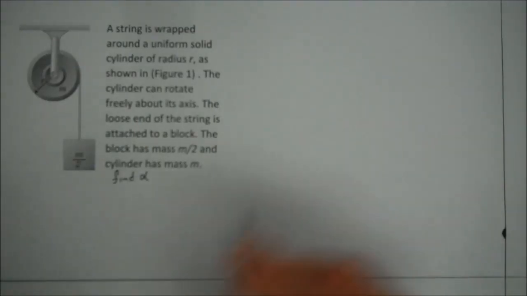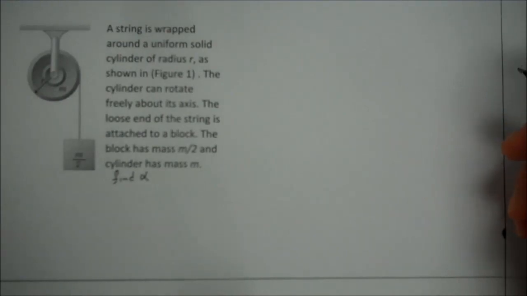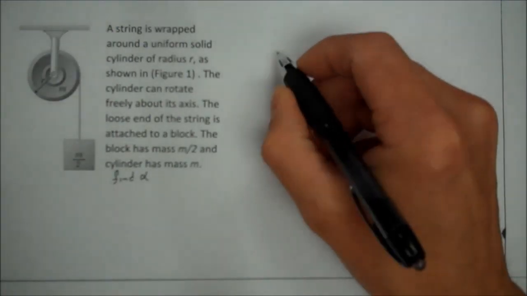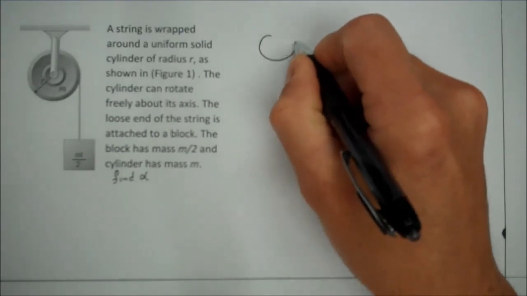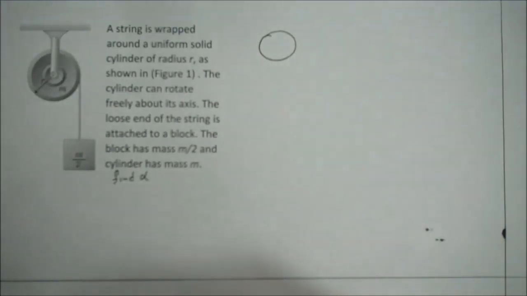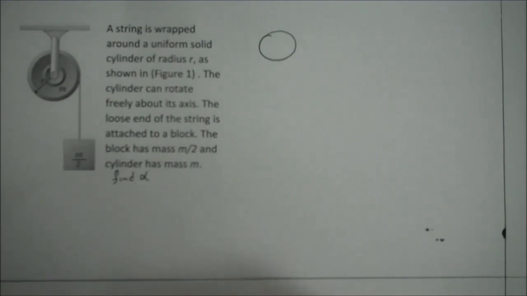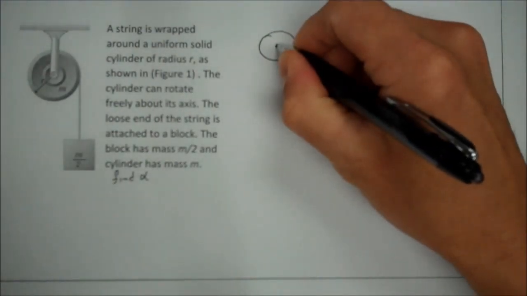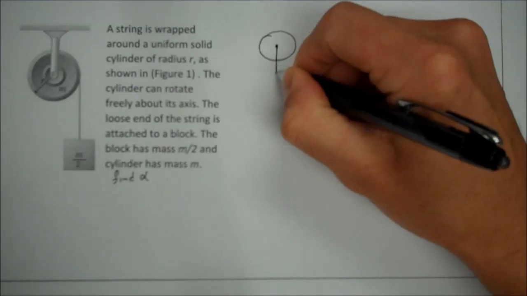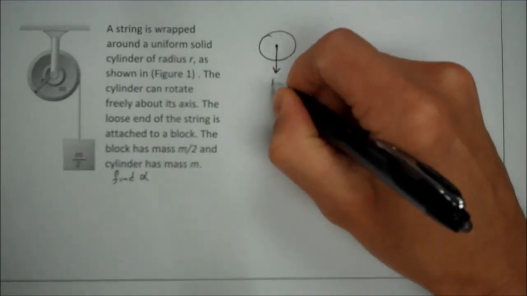So this is a Newton's law problem. The first thing we want to do is draw free body diagrams of each of the objects. So the disk, it's a circle. Now it's important when we're doing rotation problems that we identify the forces and where they act. Gravity is our first force.